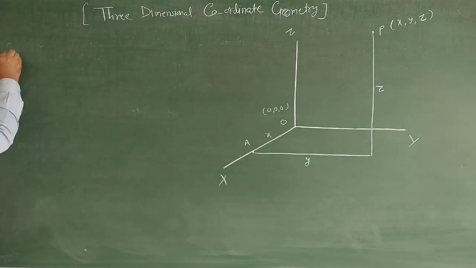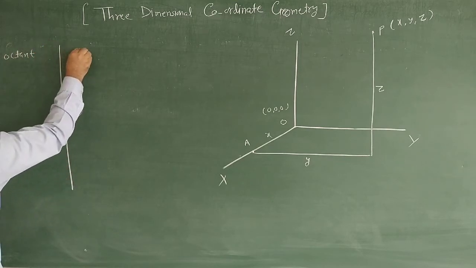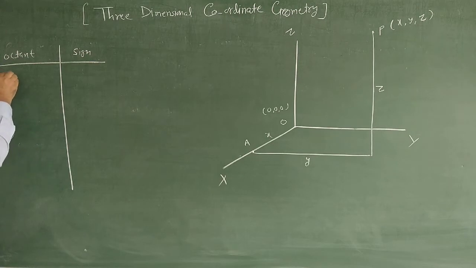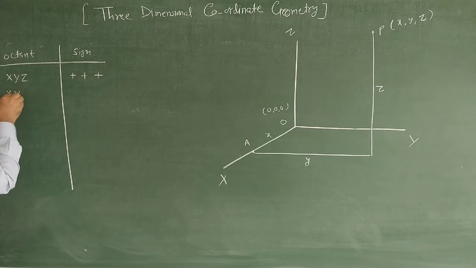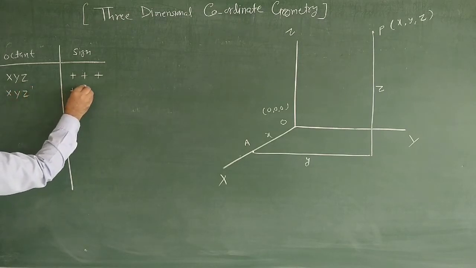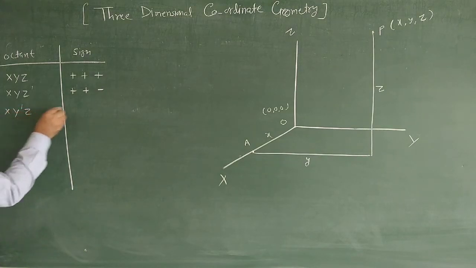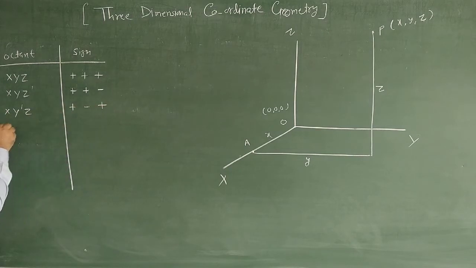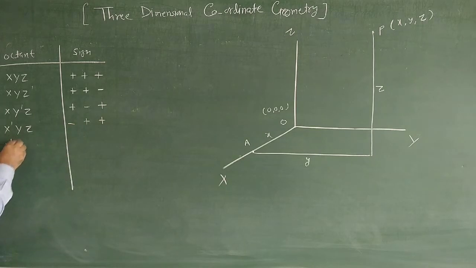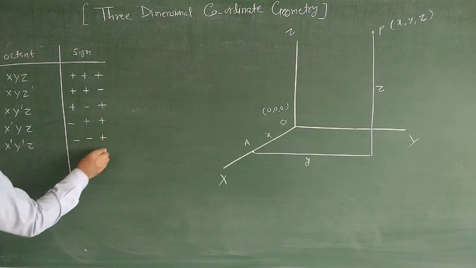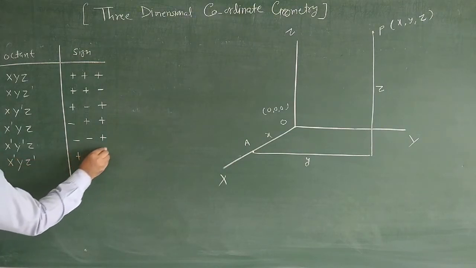Now octant and sign. First x, y, z: all the signs are positive. Then x, y, z dash: that means x and y become positive but z becomes negative. x, y dash, z: positive, minus, positive. x dash, y, z: minus, plus, plus. x dash, y dash, z: minus, minus, plus. x, y dash, z dash: plus, minus, minus.